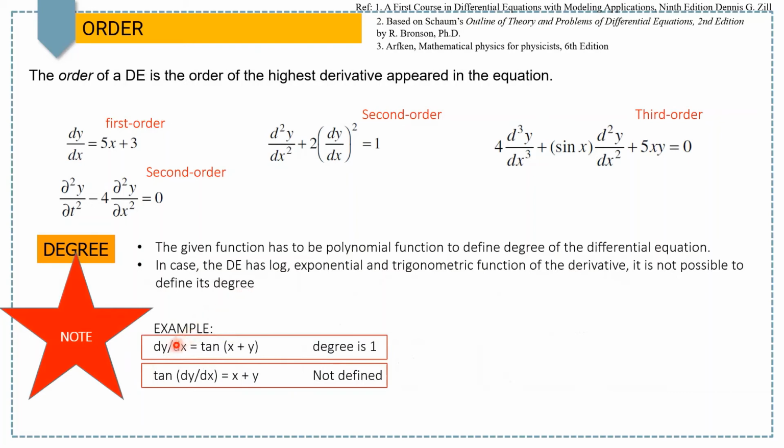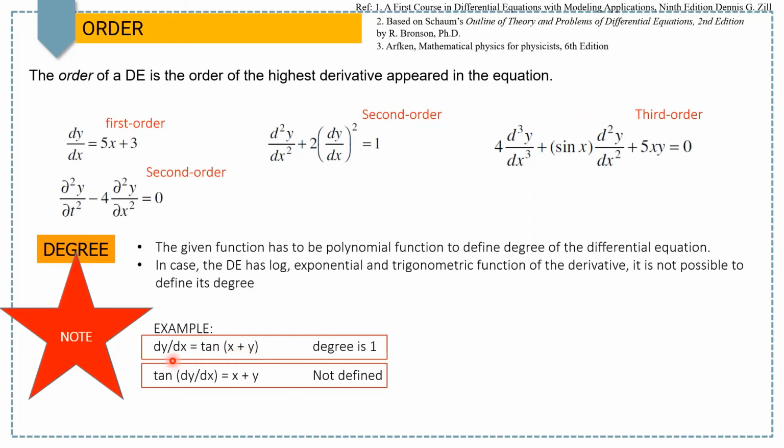For example, if you look at this differential equation, which is dy over dx equals tangent of x plus y, because here we have a trigonometric function of x plus y, it doesn't matter. What is important is that this trigonometric function shouldn't be a function of any derivative.